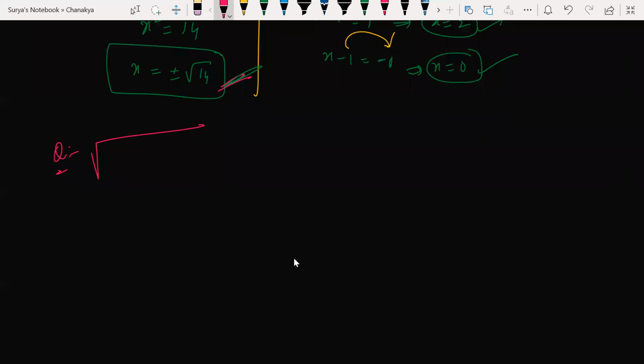Okay, find the domain of this function. Range we will find out later.